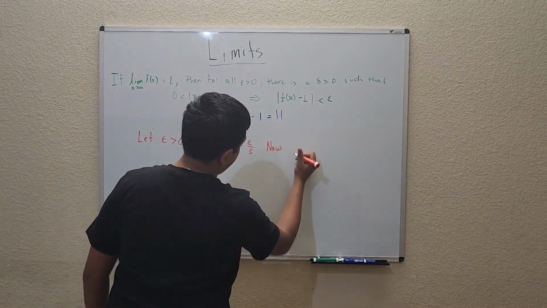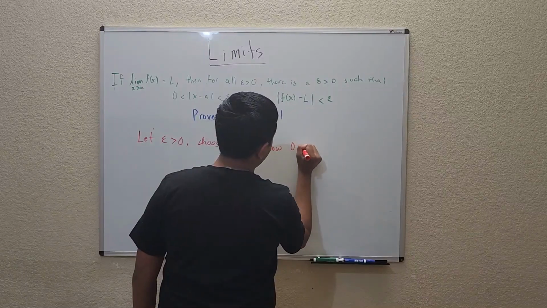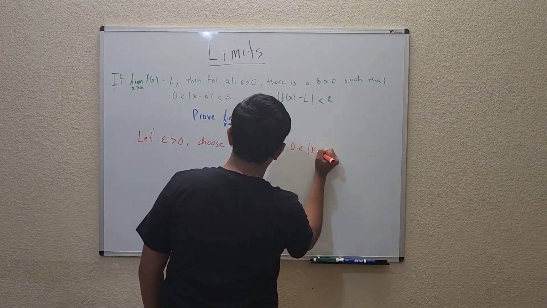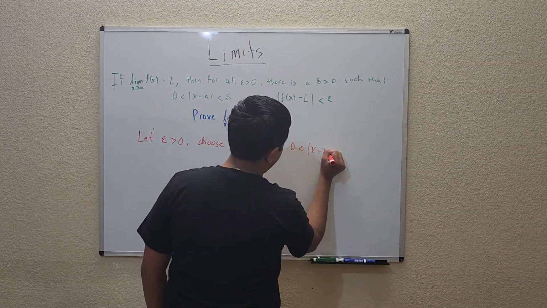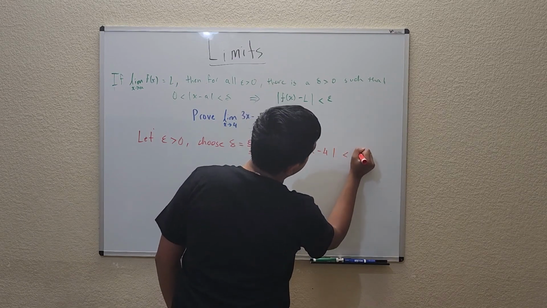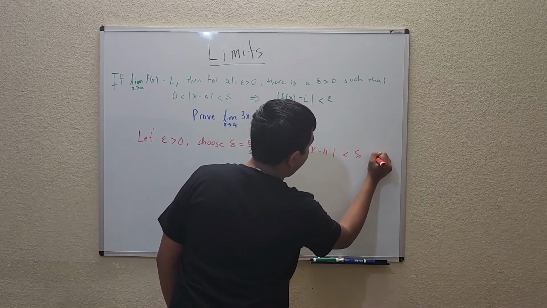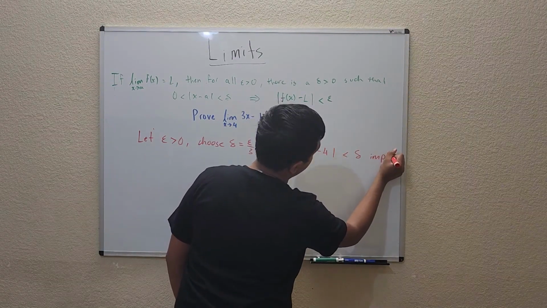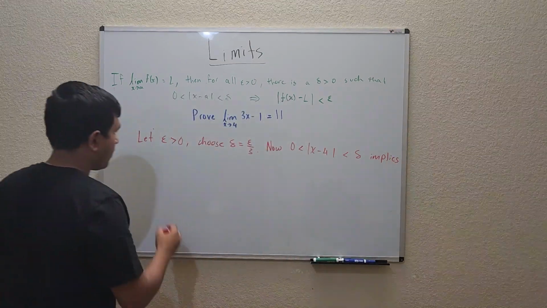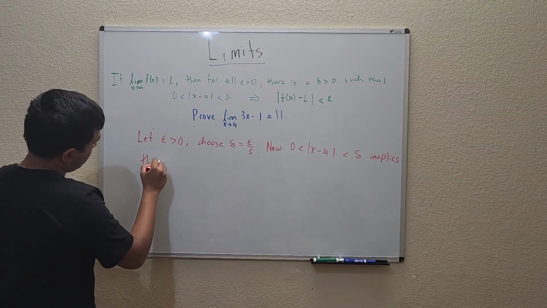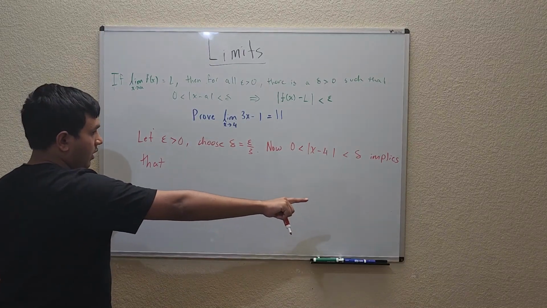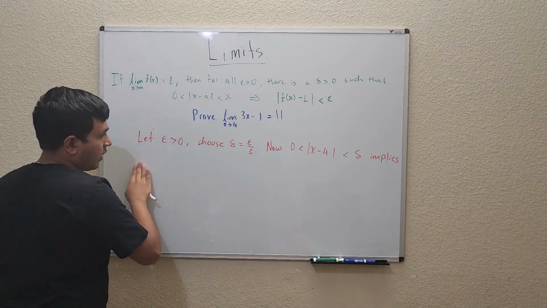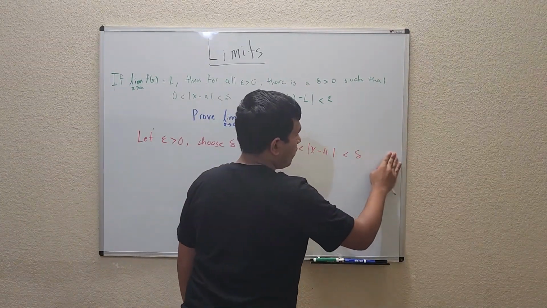Now, 0 is less than the absolute value of x minus 4 is less than delta. We don't need to write implies yet.